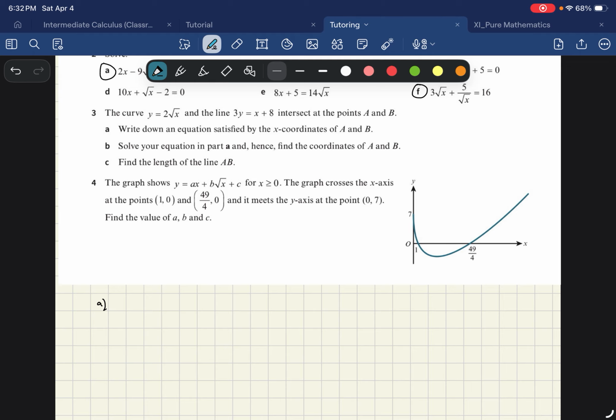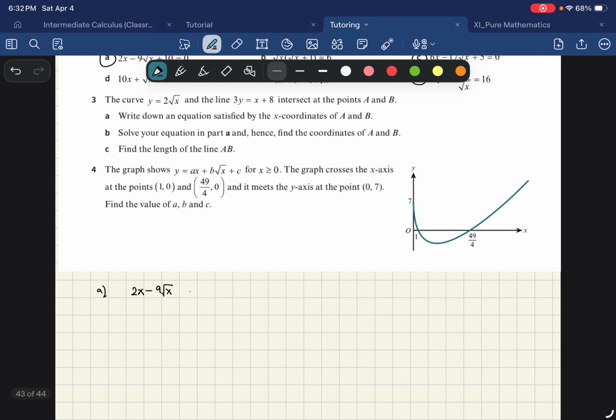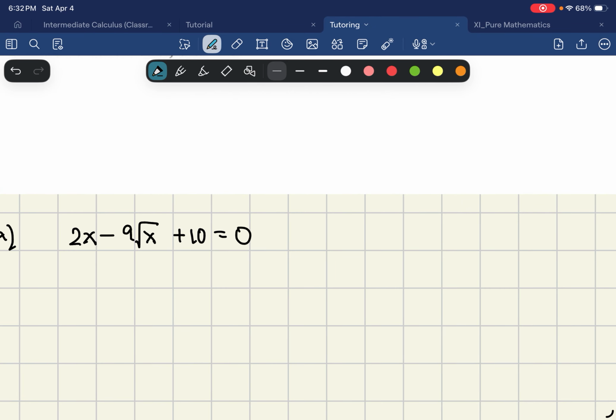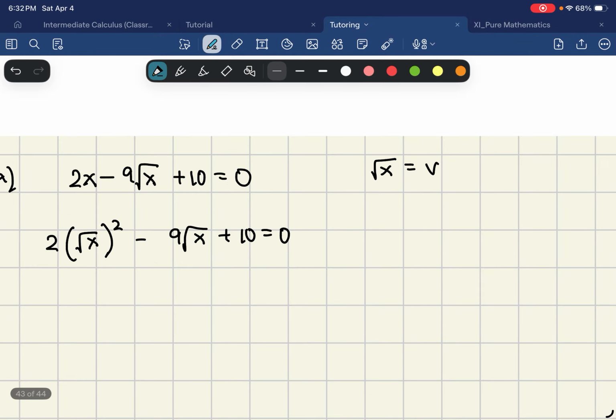But A gives me 2x minus 9 square root of x plus 10 equals 0, right? And basically, x is just the square root of x squared, so you get 2x minus 9 root x plus 10 equals 0. So square root of x is going to be my variable v.